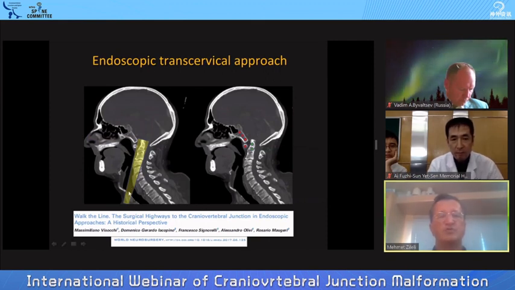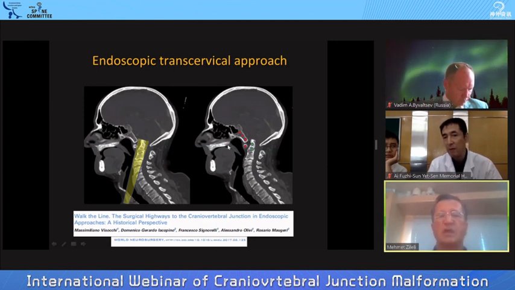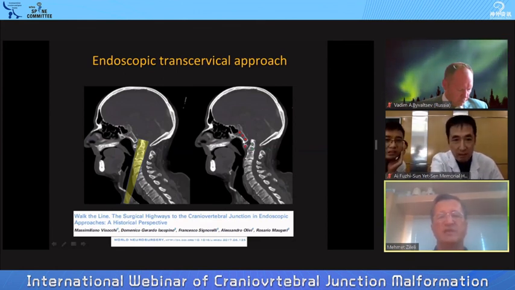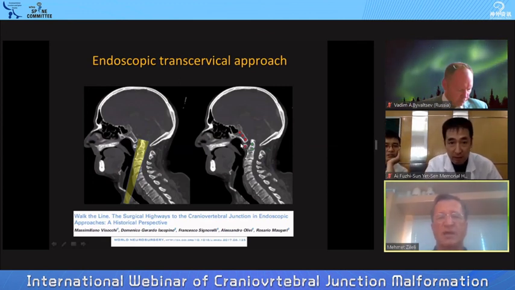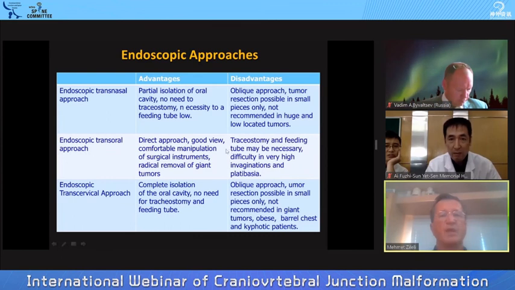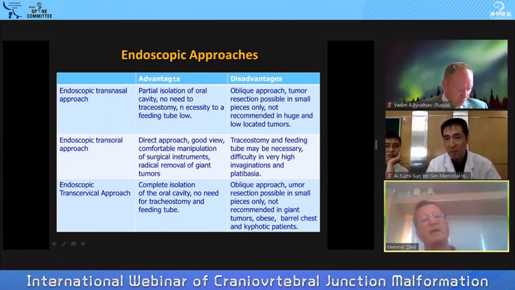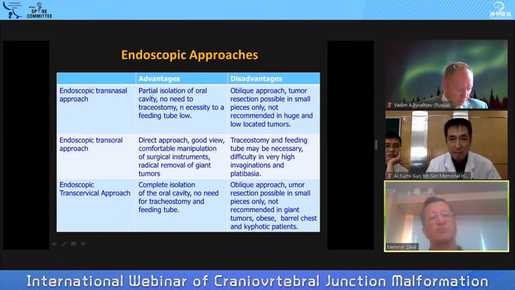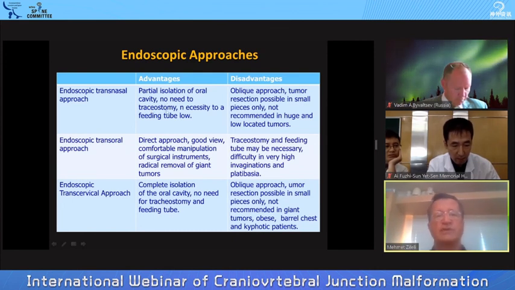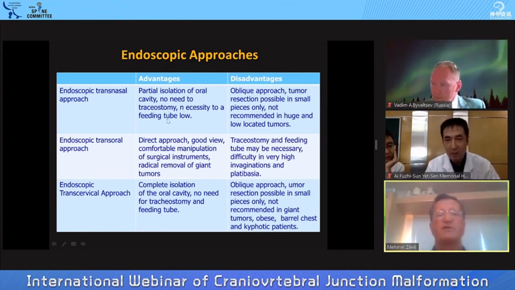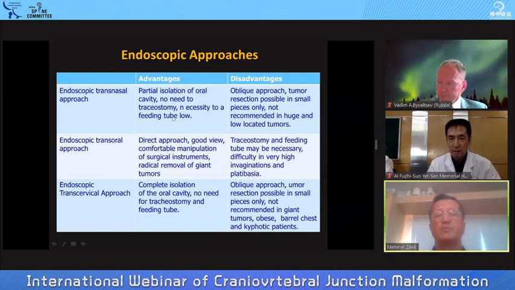The endoscopic transcervical approach sees the odontoid in a very oblique fashion. You have a very small angulation, and then you can reach these points, but you have difficulty in the lower clivus and anterior atlas regions. If you look at the advantages, the endoscopic transnasal approach partially isolates the oral cavity, there is no need for tracheostomy, and the necessity for a feeding tube is low.